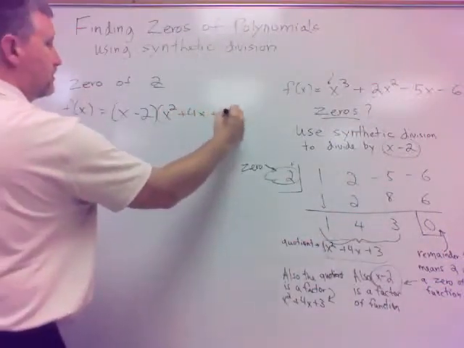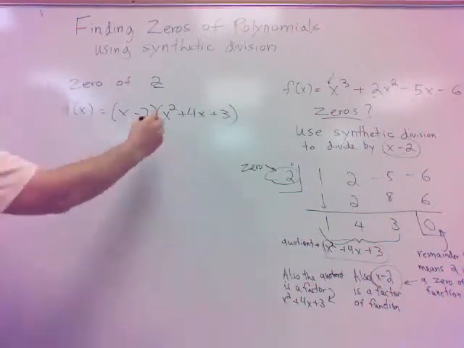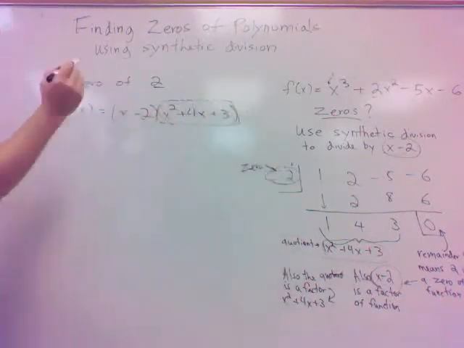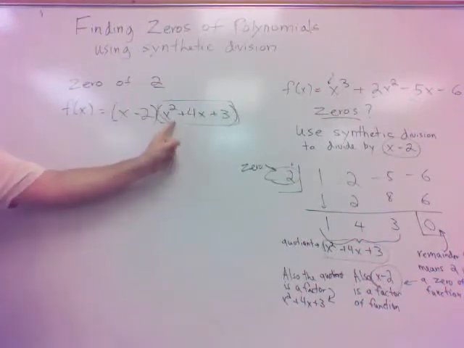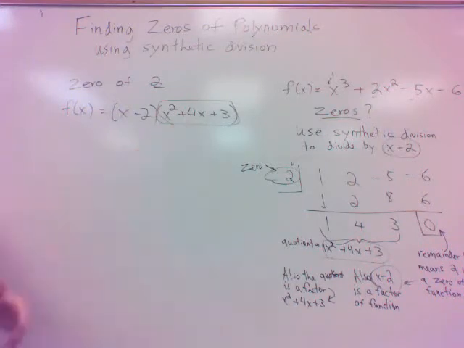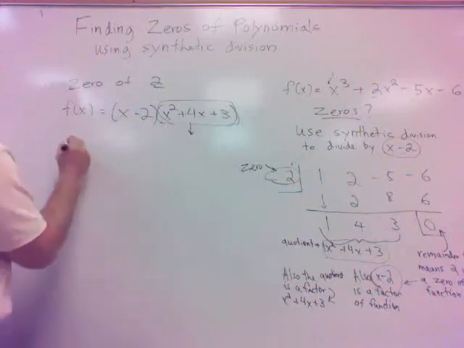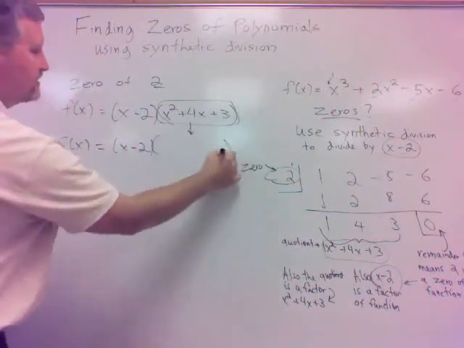Now, why does that help me find the rest of the factors? Well, because that factor, of course, gives me that 0, 2, but can I find the rest of the factors right here and the rest of the zeros right here? How could I do that? Just keep on factoring, right? If I keep on factoring this, then I wind up with x minus 2, and then this is now something I can factor.